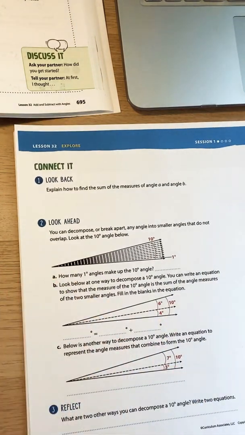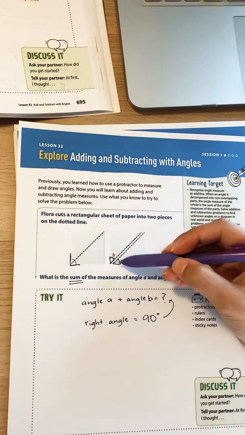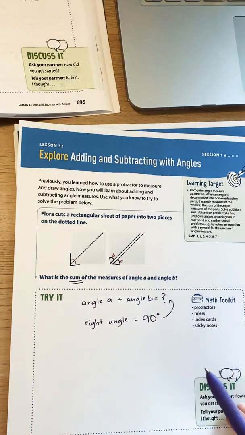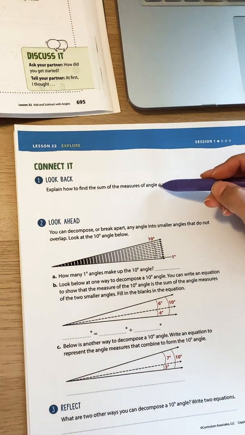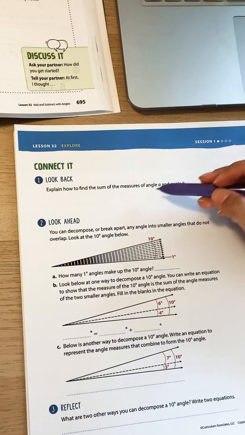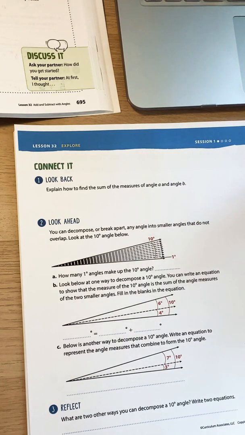All right, number 1, look back, explain how to find the sum of the measures of angle A plus B. So how did we know that this plus this was going to equal 90? I could say that I knew that angle A plus angle B made a right angle, and right angles always measure 90 degrees.